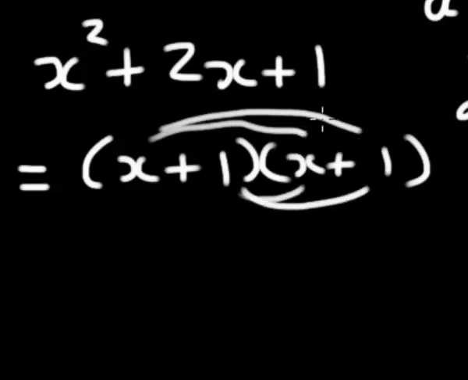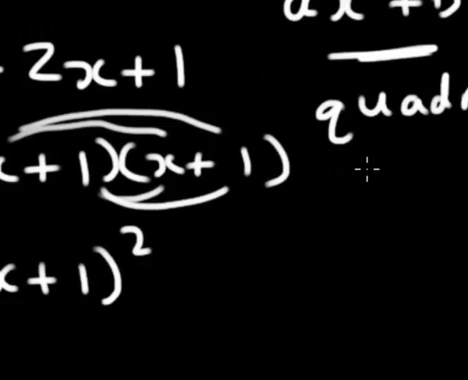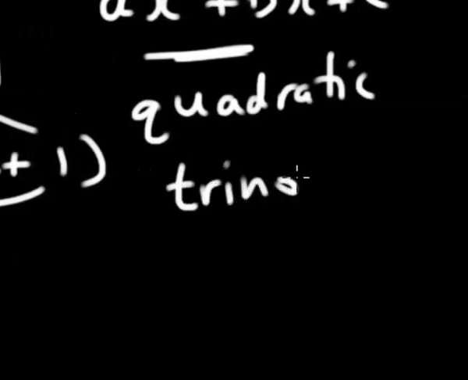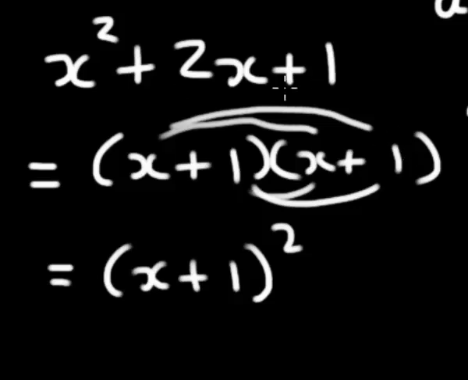So this is earlier work. But notice, this is a perfect square trinomial. This is what we call a quadratic trinomial, a three-termed expression. And it's a perfect square because you can factorize it as two identical brackets.